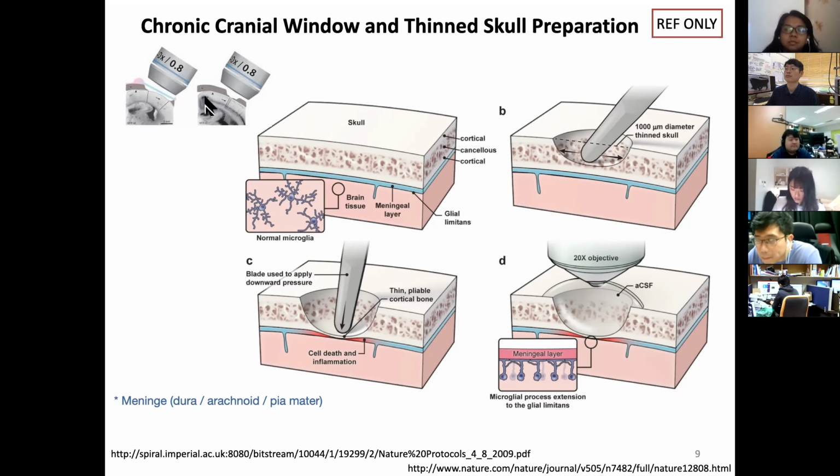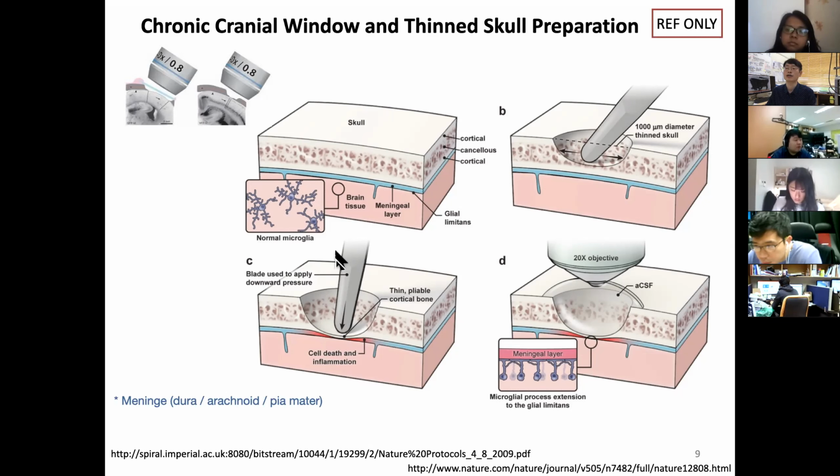Later on, some people realized, what's the limitation of this? The limitation is that you see the scar when we grind the skull. These are the meningeal layers, composed of 3 layers. By doing this surgery itself, you will inevitably inflame and damage the meningeal layers, such as the dura mater, arachnoid mater, and pia mater.